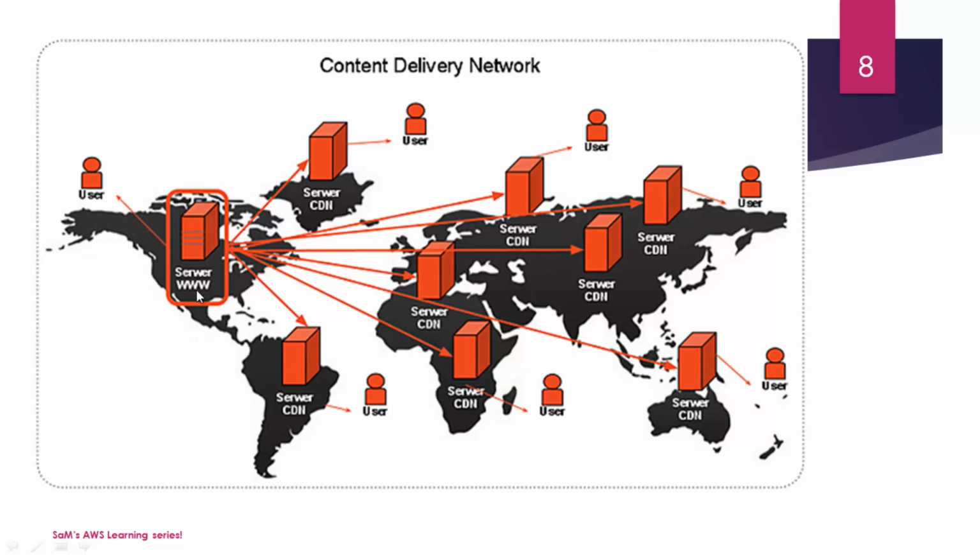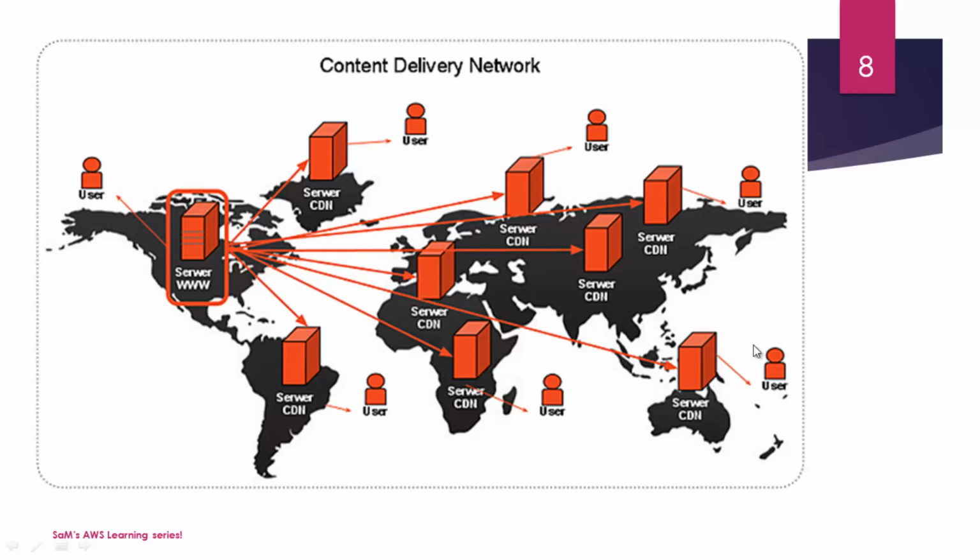And then here I've got one more diagram. Let's assume the origin server is somewhere here in North America, and I've got users sitting all over the globe. The moment a user in Australia makes a request for accessing the content in the origin server, it will be taken care of by the CDN server. It will maintain a cache, and from the cache it will deliver the pages to the user.